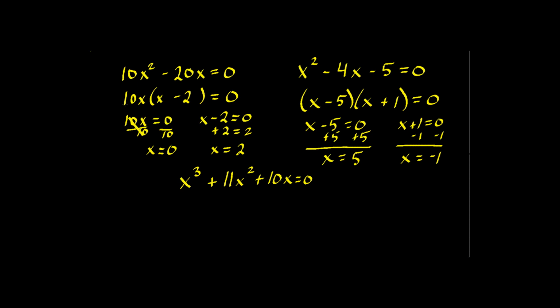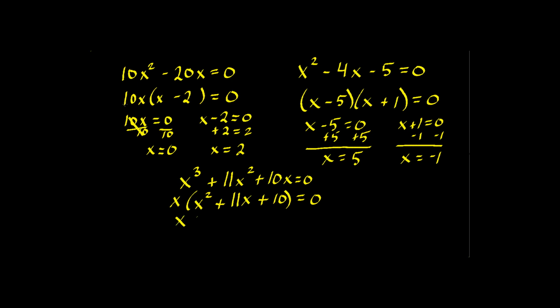Now you might notice that this trinomial has an x in each term, and the numbers do not have a common factor other than 1, so we can only factor out an x, since x to the first is the lowest power. So that leads to x squared plus 11x plus 10 here. And again, we're just dividing each term by x to get the three terms inside.